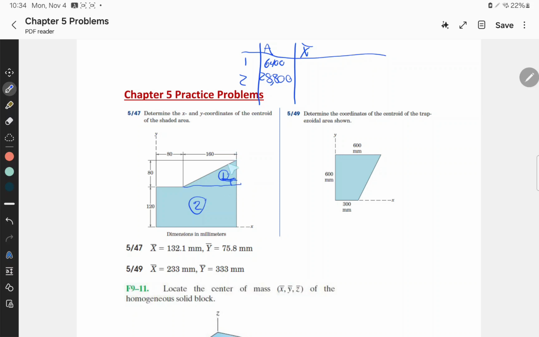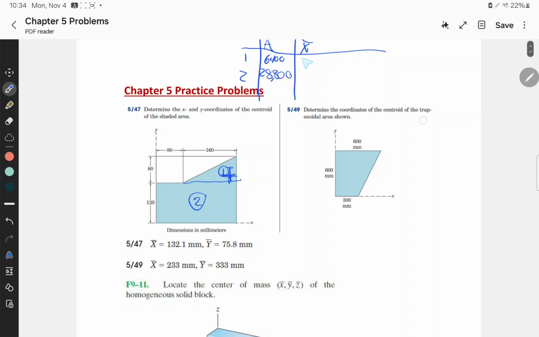So in our case, since it's 53, we do 80 plus 160, that's 240, minus 53, which gives us 187. So our x component is 187.